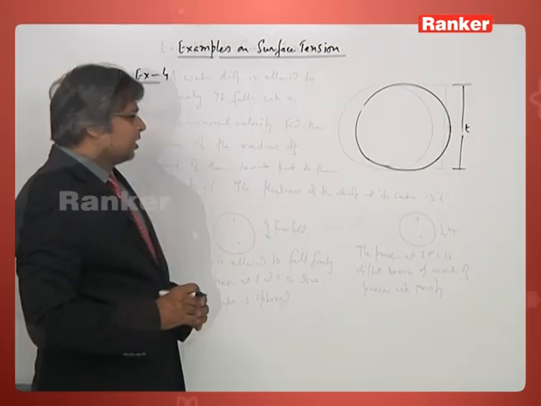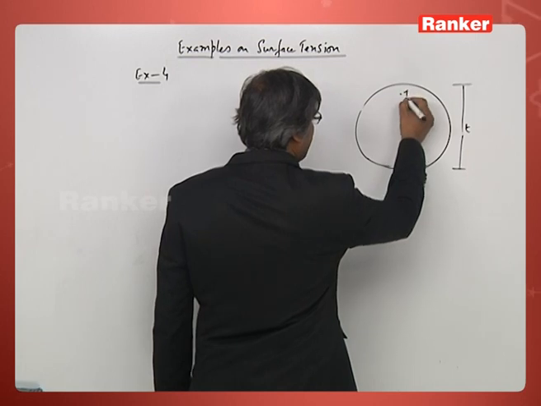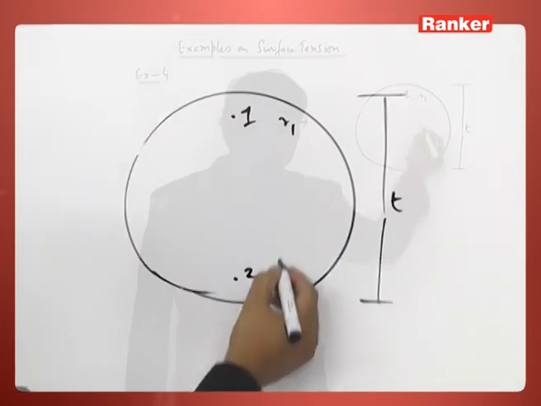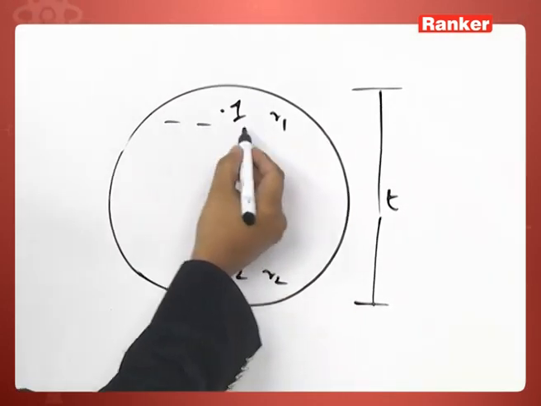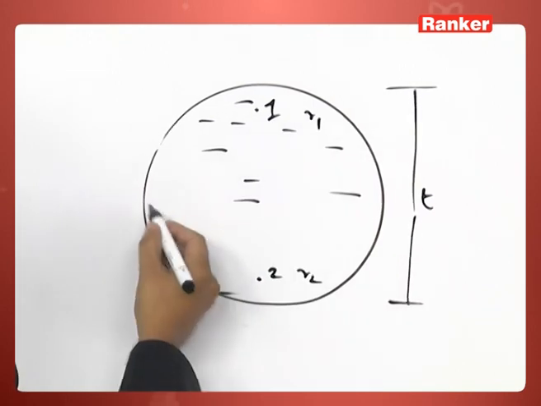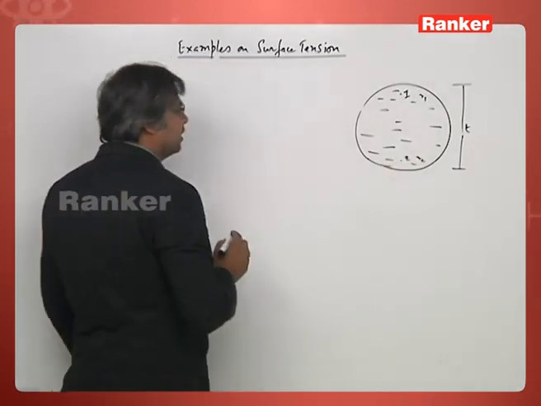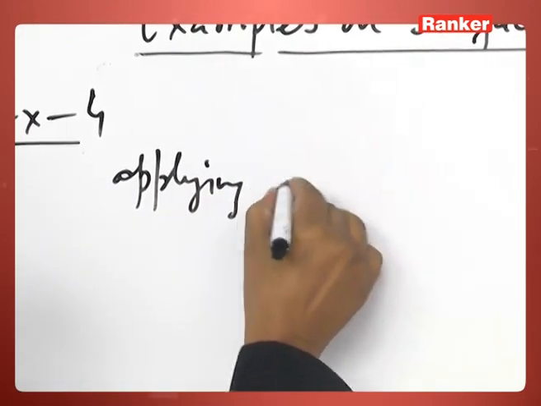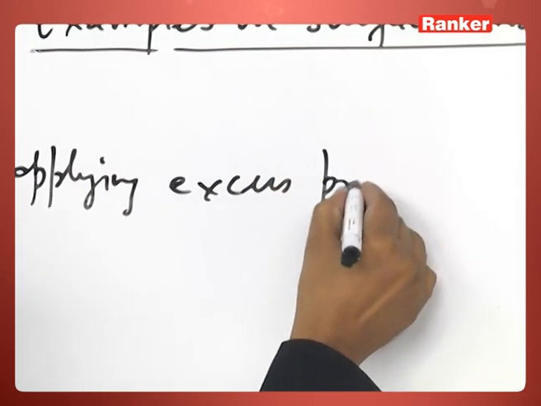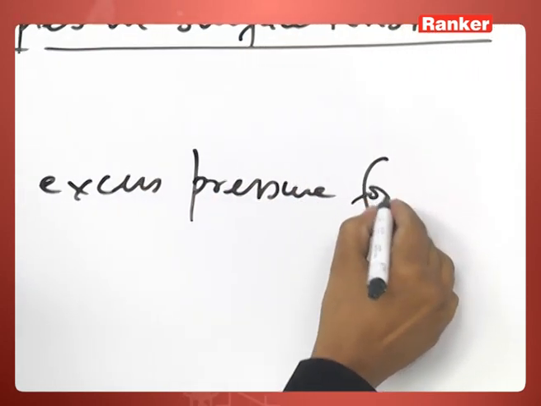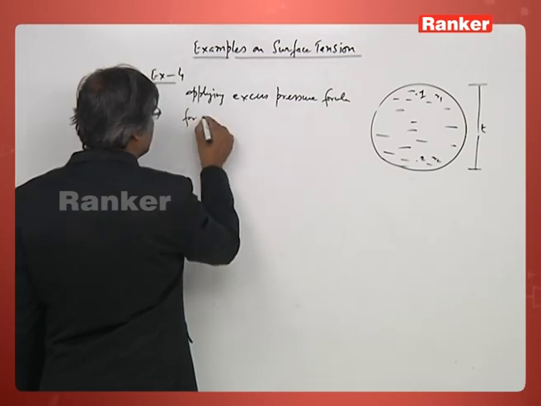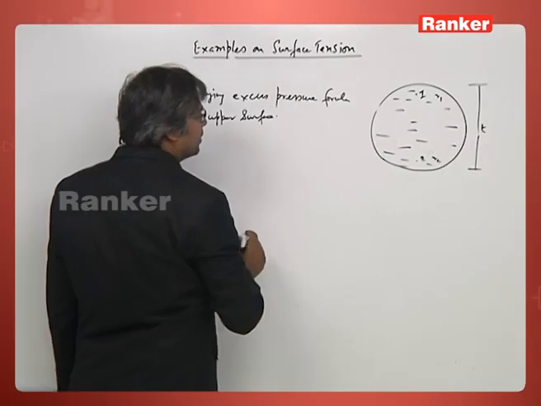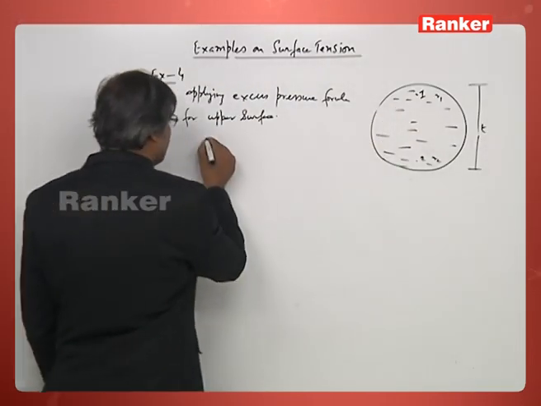Let us do it now. So let us take points 1 and 2. It has a radius of curvature here R1 and here R2. So this is a liquid drop. Now applying the excess pressure formula for the upper surface, this side, the concave side, has P1.